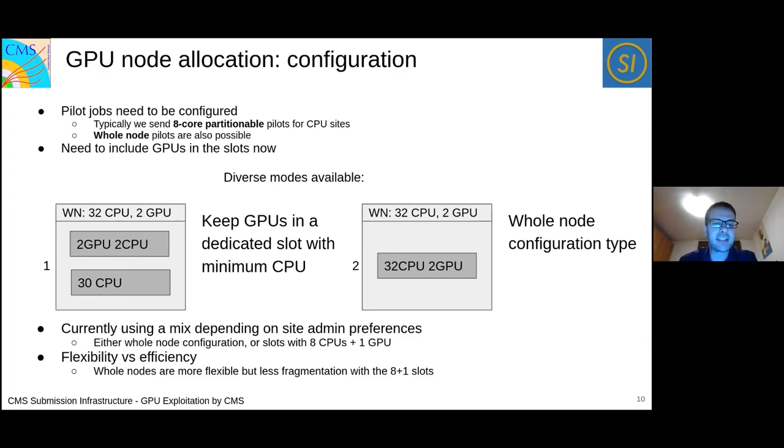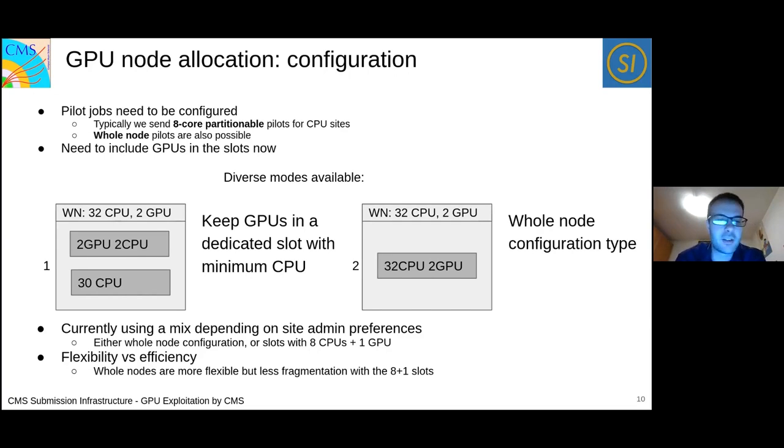And there is a flexibility versus efficiency trade-off, in the sense that the whole node configuration is more flexible. We can run diverse types of jobs. We can run single jobs that require one CPU and one GPU, and the rest dedicated to a 30 CPU job if needed, or we can partition those as needed, basically.